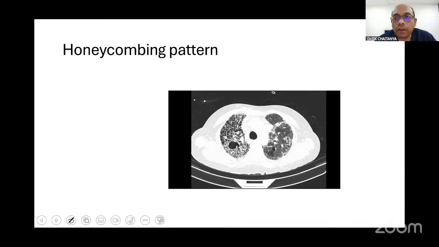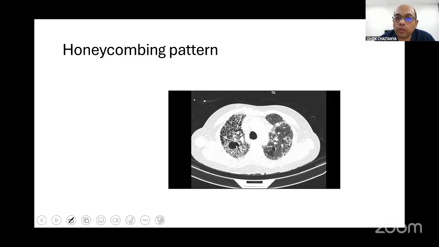As I said in the previous image which I showed you, the interstitium gets thickened, and either forms a reticular sign or a nodular thickening. When this increases, fibrosis sets in, and the interstitium gets fibrosed, trapping air within these interstitial thickening lines, causing a phenomenon called the honeycombing pattern.